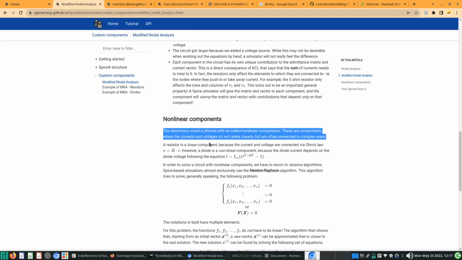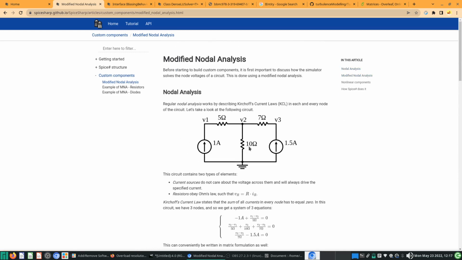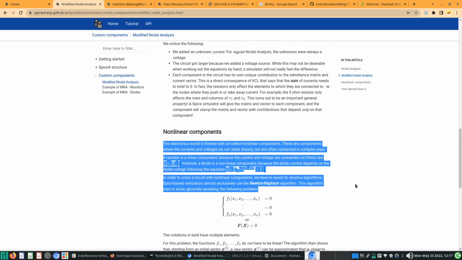See over here under modified nodal analysis in SpiceSharp, they use Kirchhoff's current law, which is basically conservation of charge. It's like mass balance in chemical engineering, except here we use charge balance.